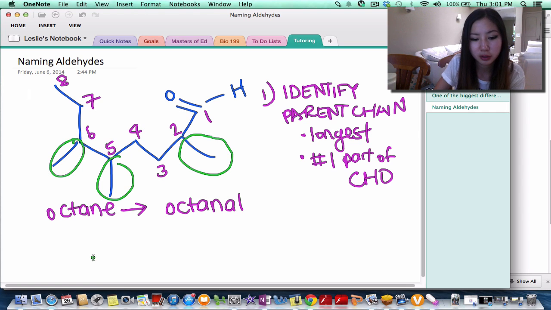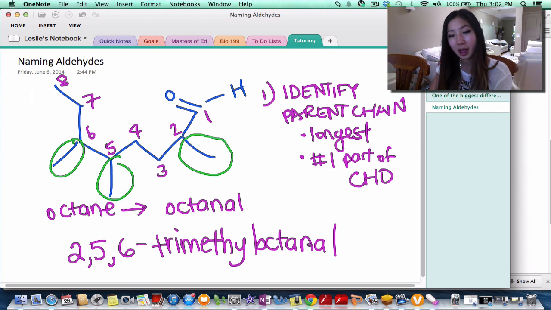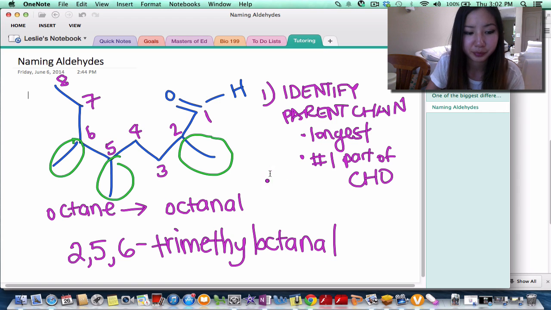And so what you can do is now you can name this as 2,5,6, because there is a methyl group at 2, 5, and 6, trimethyl. And then octanal. And that would be how you name this aldehyde.